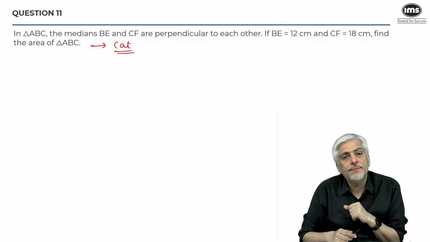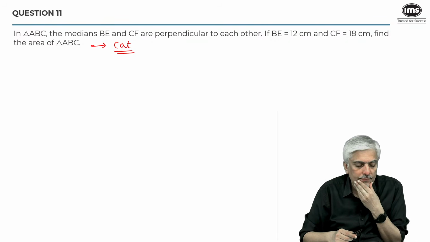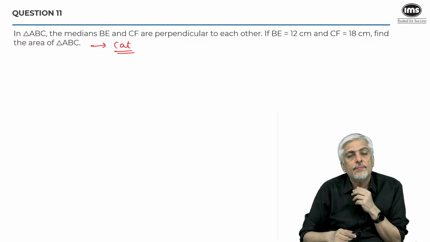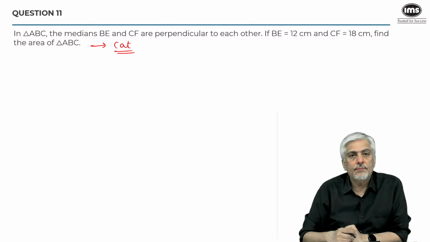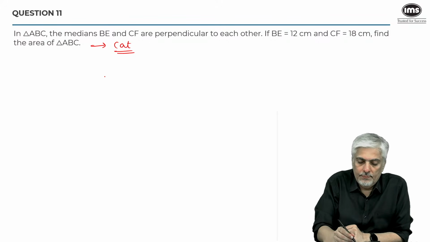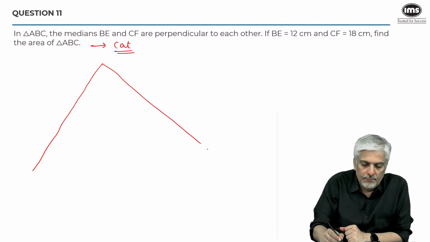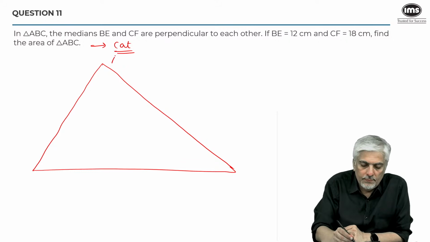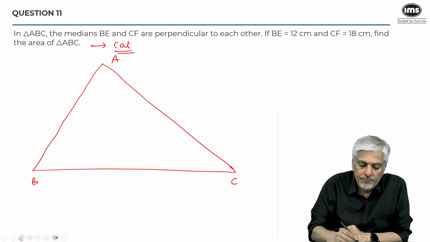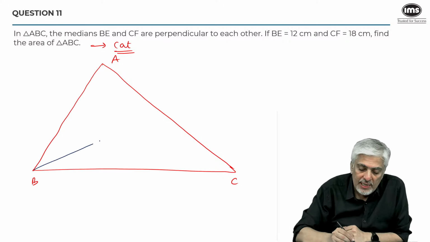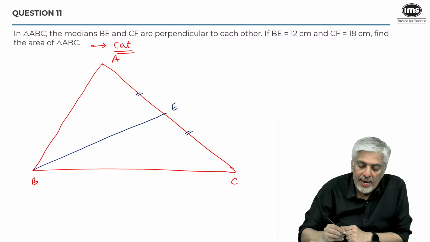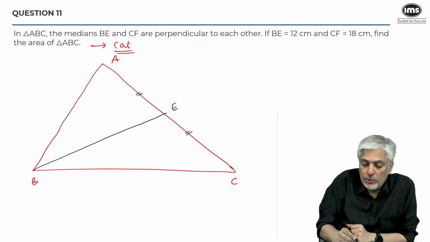Again, a very straightforward question. Triangle ABC, medians BE, so BE is one of the medians, and CF are perpendicular to each other.